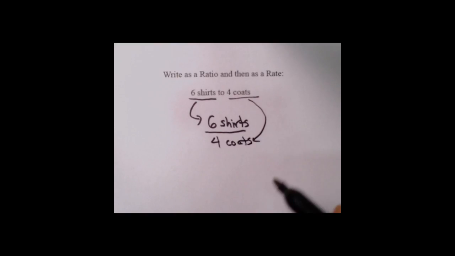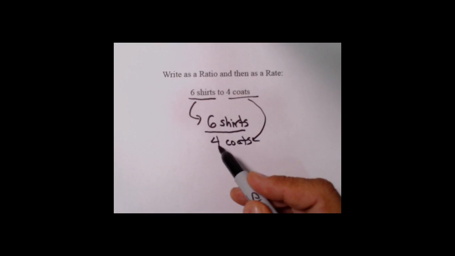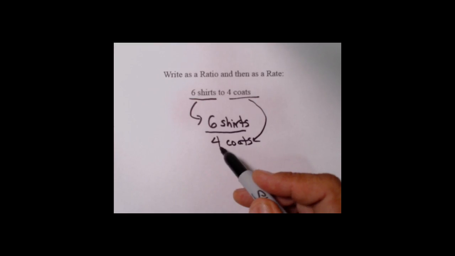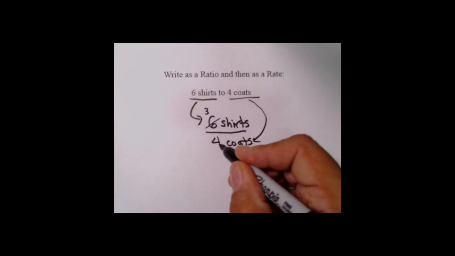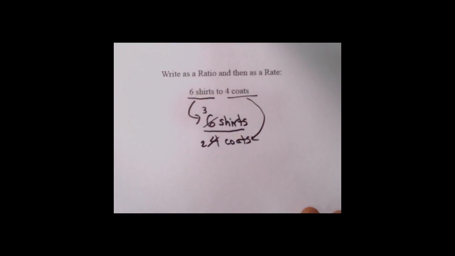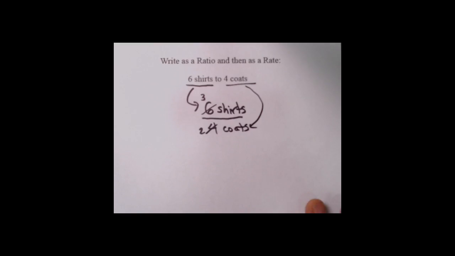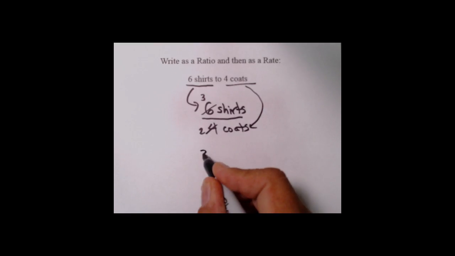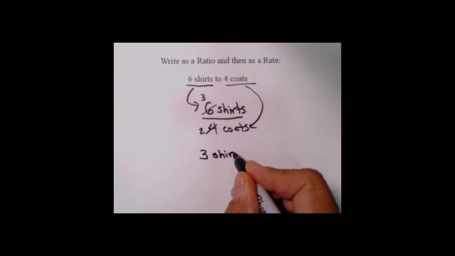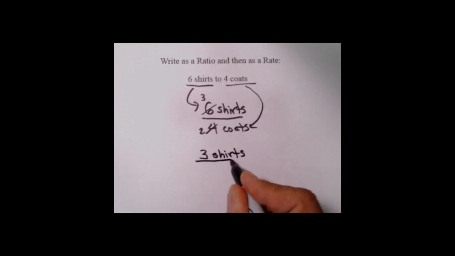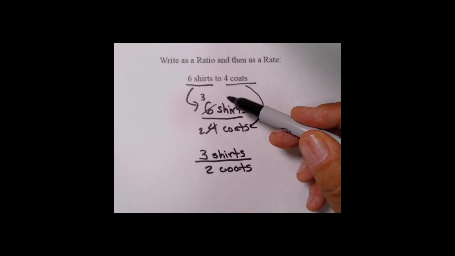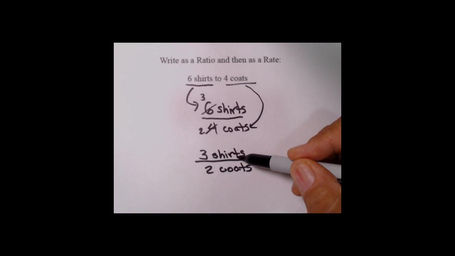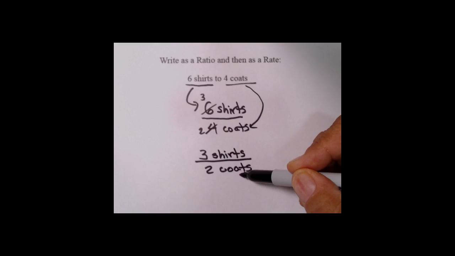Well, once again, since this can be reduced, it's a fraction, 6 over 4, reduce it. 2 goes into 6 3 times, 2 goes into 4 twice. So as a ratio, we could say this is 3 shirts to 2 coats. Now, if we couldn't have reduced this, we just would have left it like that. But down here, 3 shirts to 2 coats, there we are.